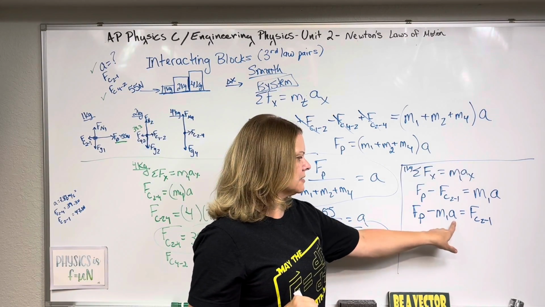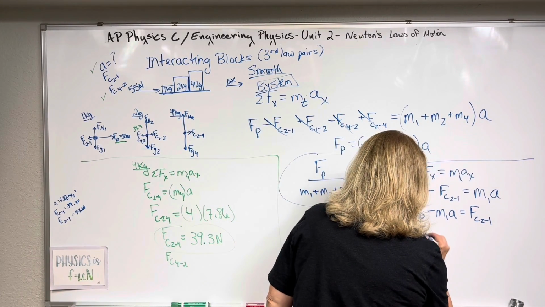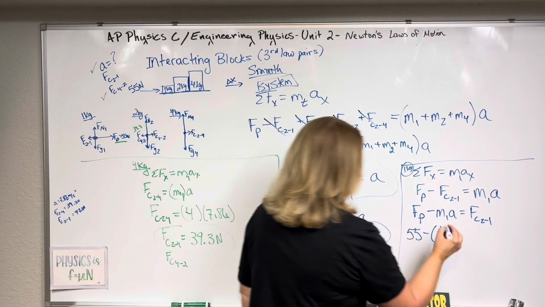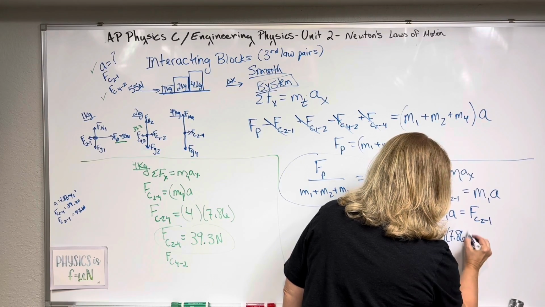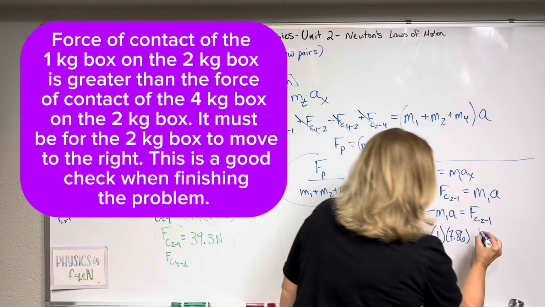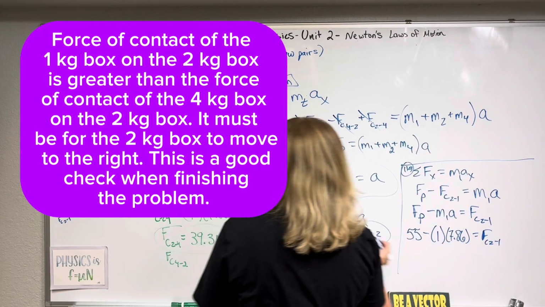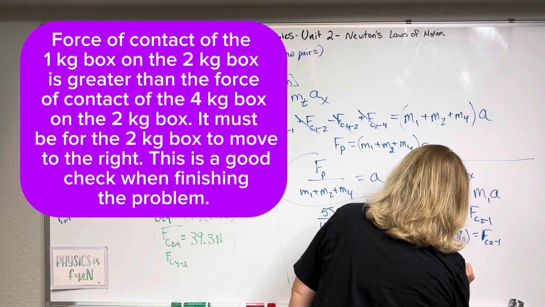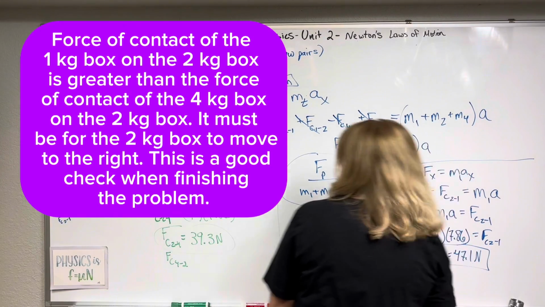I know my mass, I know my acceleration, and I can find that contact force. My push was 55 newtons. It's a 1 kilogram because I'm only using 1 block. It's an individual block, not a system. My acceleration is still 7.86 because they're all staying in contact, which means they all have the same acceleration. And I get 47. The force of contact 2 on 1 is 47.1 newtons.